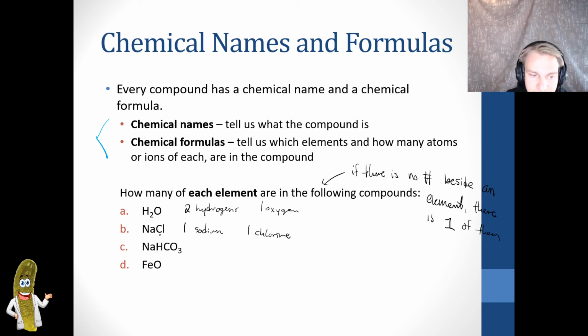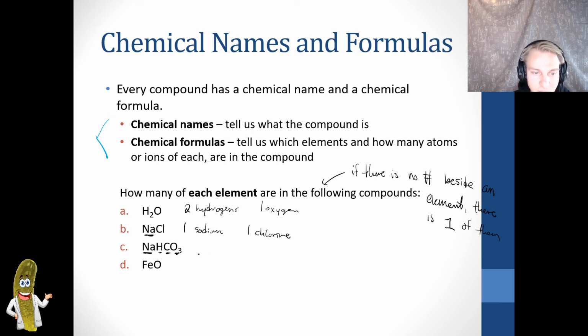Going down to example C, again, there's no number beside Na. The other thing that becomes apparent here that I maybe didn't highlight is if it's a lowercase letter, that is not a new element. Only the uppercase letters, only the capital letters represent the elements. So in this one, we have an Na, an H, a C, and an O. Those are all of the different elements included here.